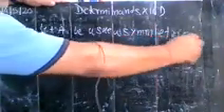Suppose you have a square matrix. Let A be a skew symmetric matrix of odd order n.